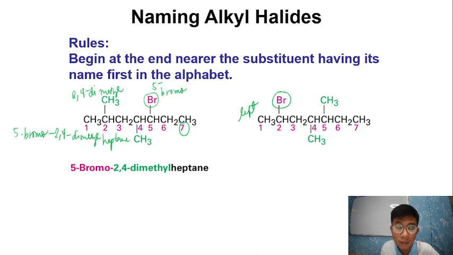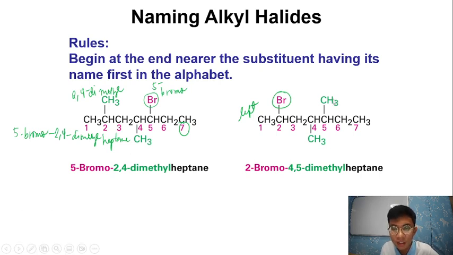So that makes it dimethyl. Where are the dimethyls natin? Nasa carbon number 4 and 5. So if you will assemble the name, it will become 2-bromo-4,5-dimethylheptane. Oh, 'di ba?